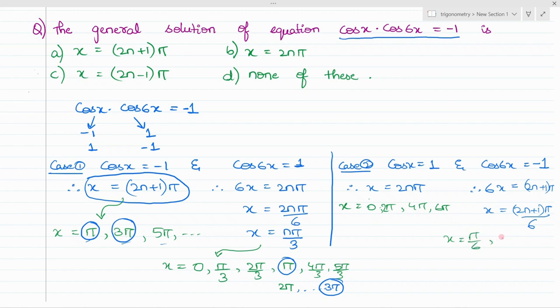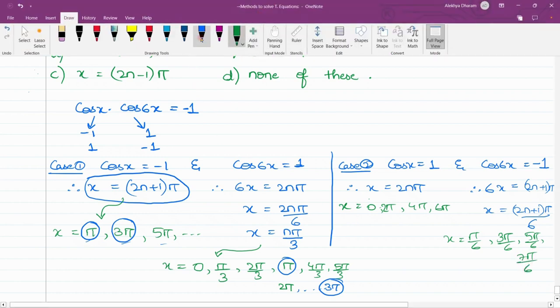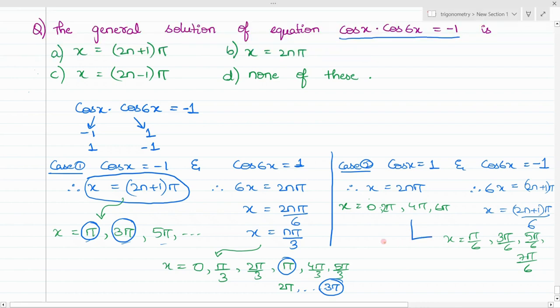If n is 1, it's 3 pi by 6. Next 5 pi by 6. Next 7 pi by 6. So, if you observe one thing over here, there are no common values. So, we need to ignore this case. So, the final solution will be x is equal to (2n plus 1) into pi, which is nothing but option A.